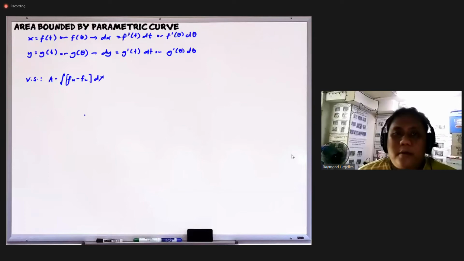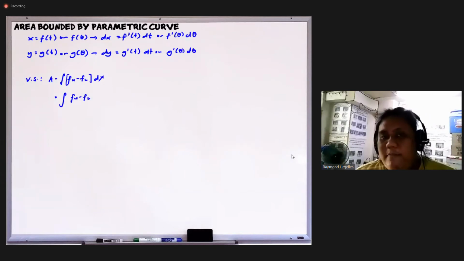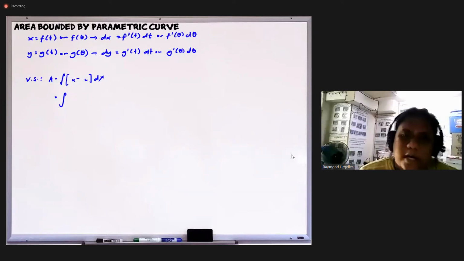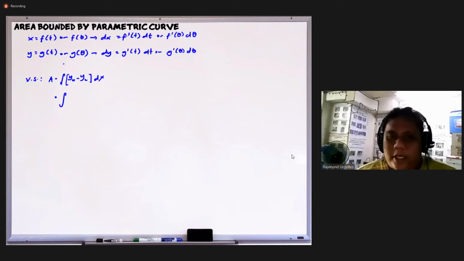It stays the same. Actually, I used y earlier, not f. So this is y upper minus y lower. But our y is a function of g, so this will be g upper minus g lower, multiplied by dx. But our dx is equal to f prime of t dt.